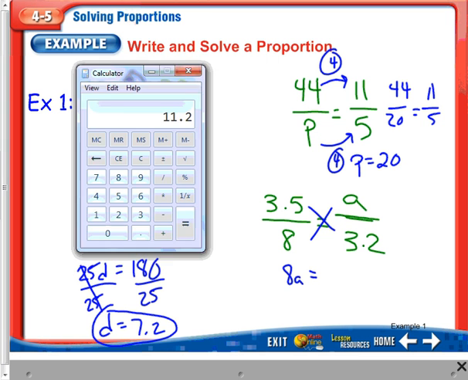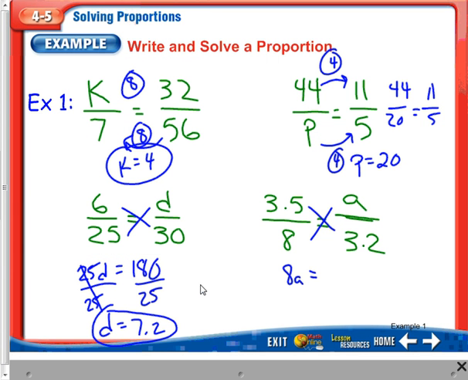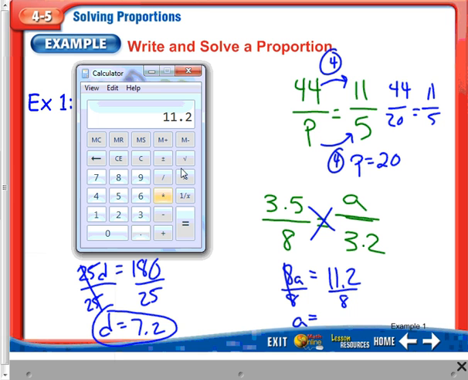So with that, we were able to get 11.2 equals 8A. And then we'll divide by 8 on both sides to get A equals, because 8 divided by 8 is 1, and 1 times A is A. That's the whole reason why we're doing this. So we're going to get 11.2 divided by 8, and that equals our 1.4.